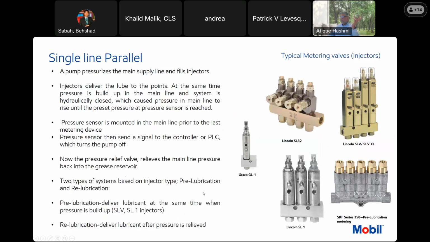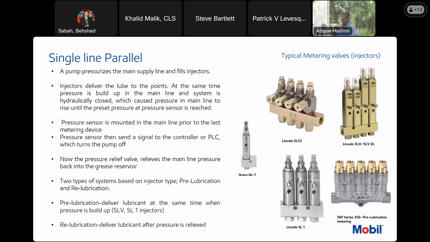Two types of system based on injector type: pre-lubrication and relubrication. Pre-lubrication delivers lubricant at the same time when pressure is built up. Relubrication delivers lubricant after pressure is relieved. The more common injector blocks you will see in the industry are SLVs and SL1s, and they are all pre-lubrication injectors.